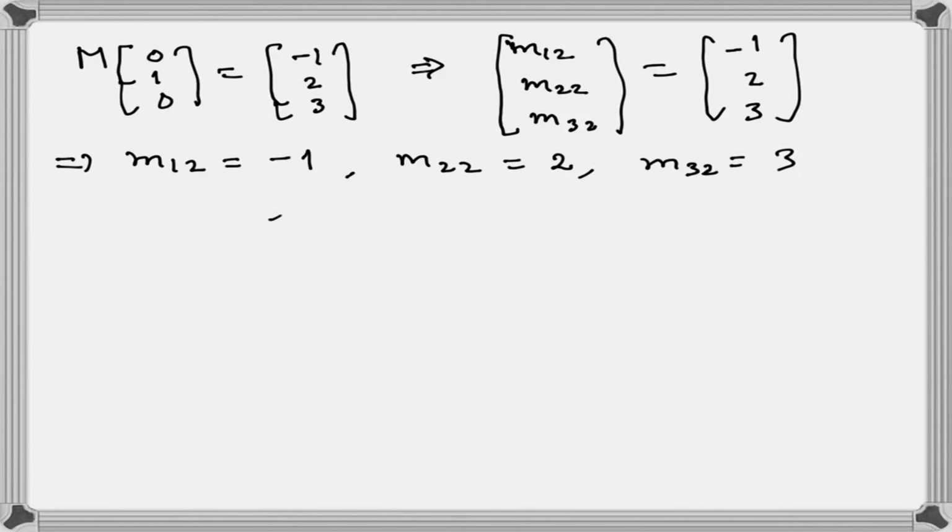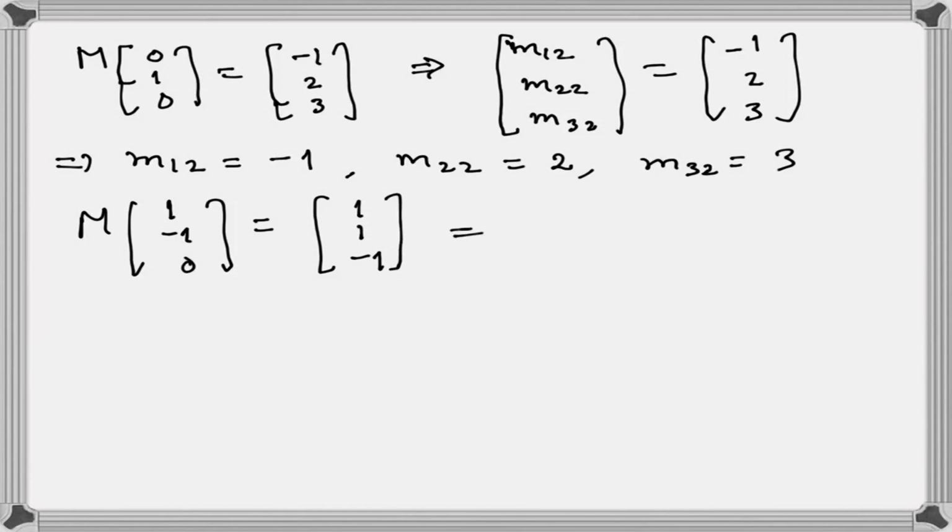Let's take the second equation, which is M times (1, minus 1, 0) is equal to (1, 1, minus 1).